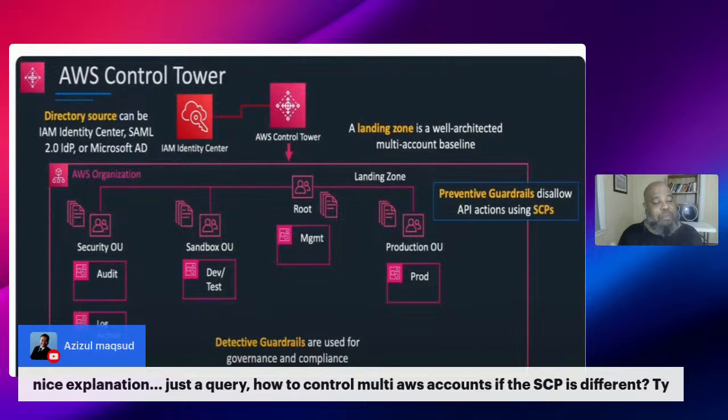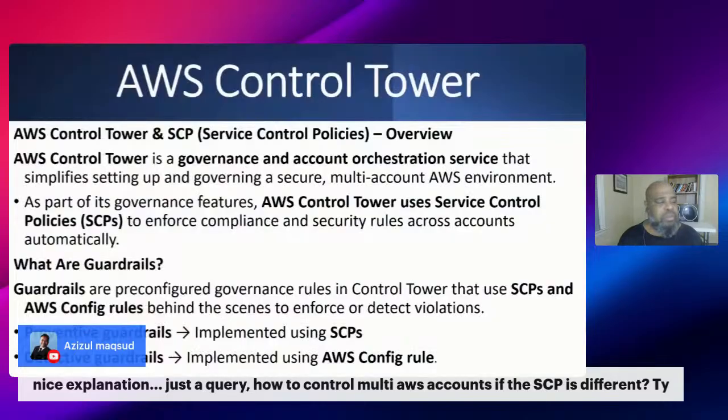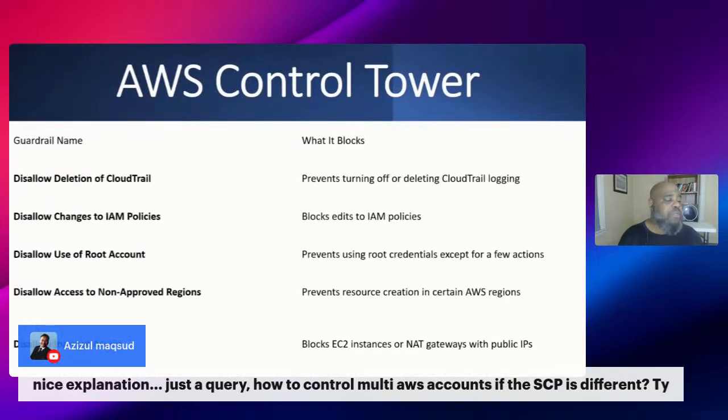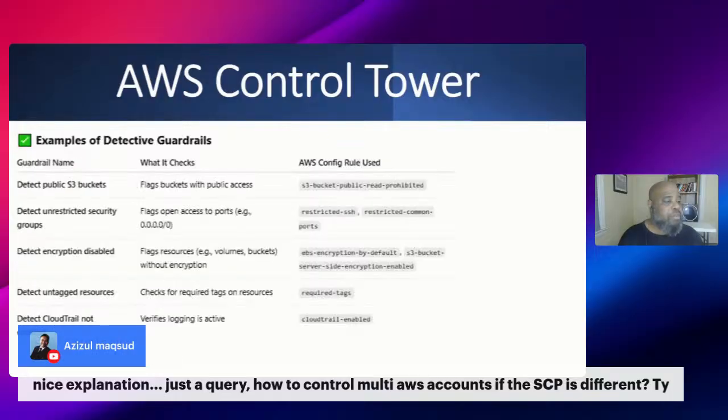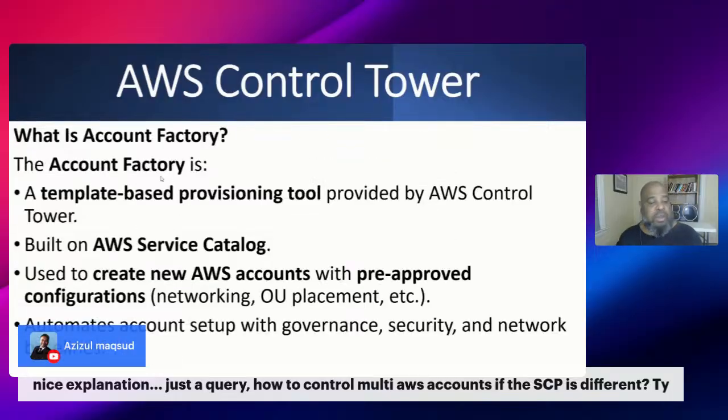Because I'm putting guardrails on what I'm going to let you do as a development team. And some of the security ones are you can't delete CloudTrail. You've got to have encryption on your EC2s, your block devices, your S3. So those are some of the SCPs you would have on those particular resources.